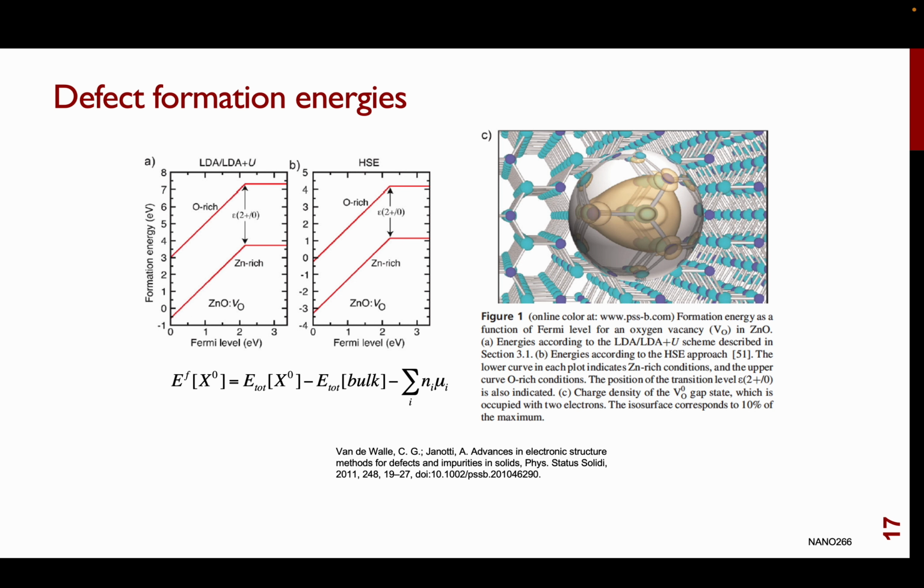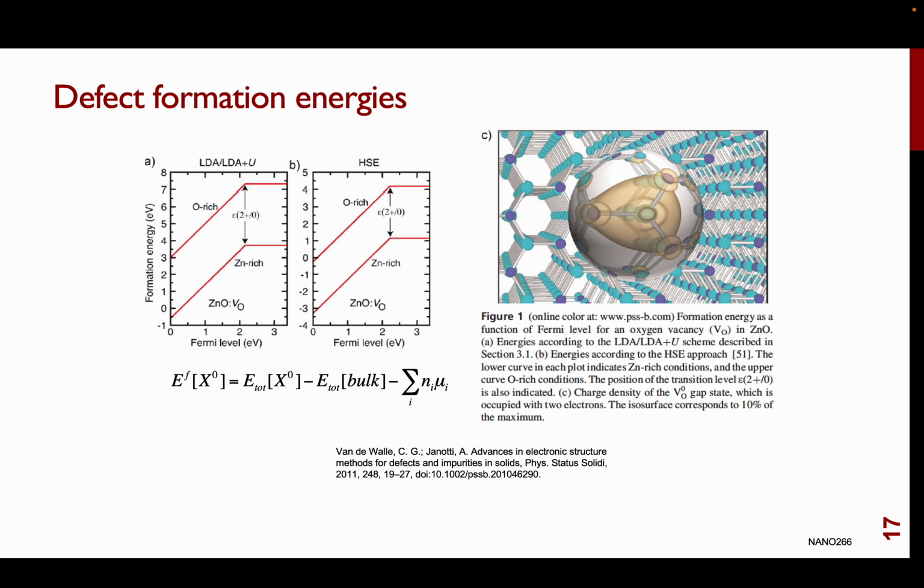In an oxygen-poor or zinc-rich environment, oxygen vacancy formation would be more preferred. However, when you are in an oxygen-rich environment, the formation of an oxygen vacancy may be less preferred compared to, for example, the formation of a zinc vacancy. So these kinds of plots are very useful for making that determination.